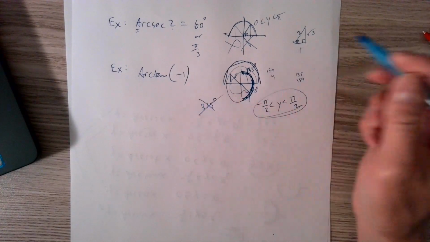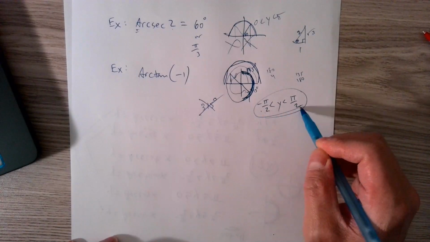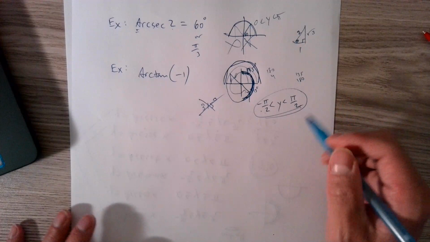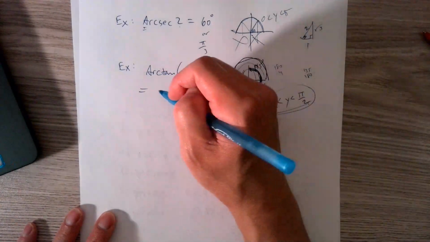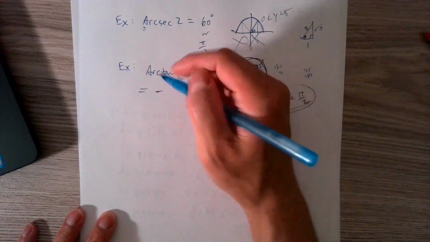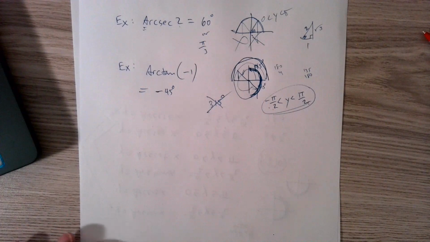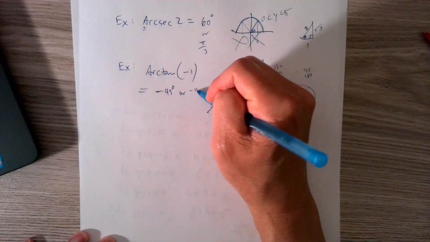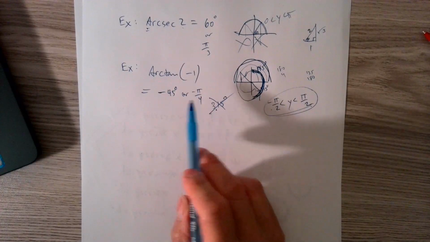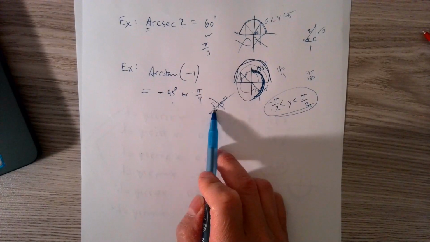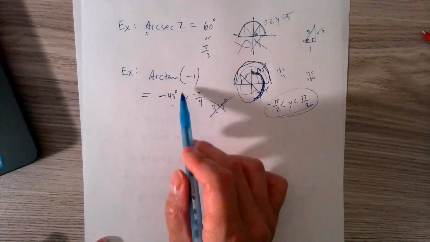No, I can't say that. Because the range is from negative pi over 2 to pi over 2. So the only way I can express it is negative 45 degrees. Or I could express it as negative pi over 4 if I want radians. Okay, so even though 315 and negative 45 have the same reference angle, the proper way of expressing capital A arctan negative 1 is that.